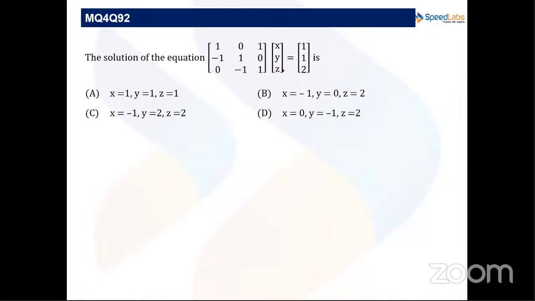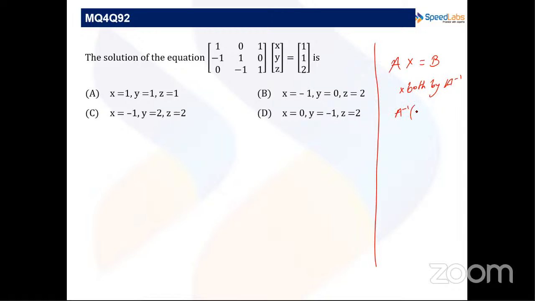We have to find the solution of this equation. By matrix method, we know that if we are having Ax equals to B, then we multiply both sides by A inverse on the left side.